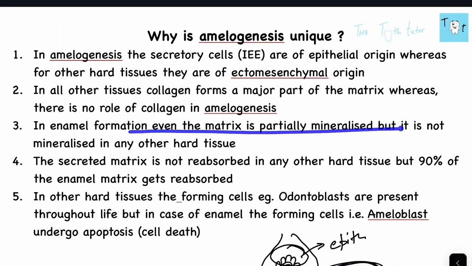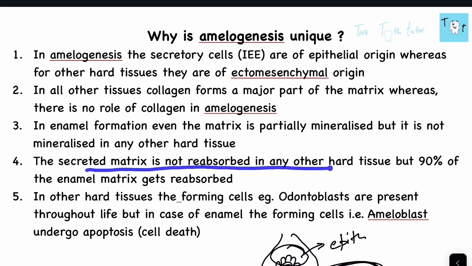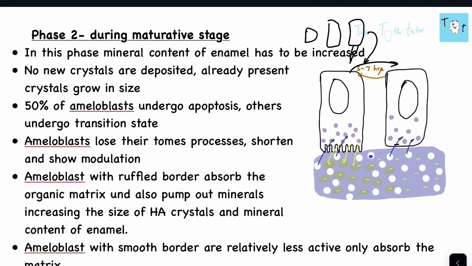The matrix is never partially mineralized in any other hard tissue. The secreted matrix is not reabsorbed in any other hard tissue, but 90% of the enamel matrix gets reabsorbed. So once the matrix is formed, it will never be reabsorbed in any other tissue. But over here, it is unique that the matrix is first laid down and then it is reabsorbed.